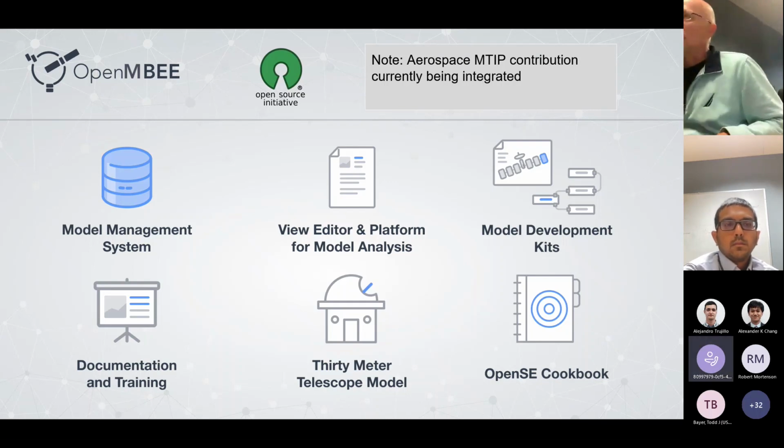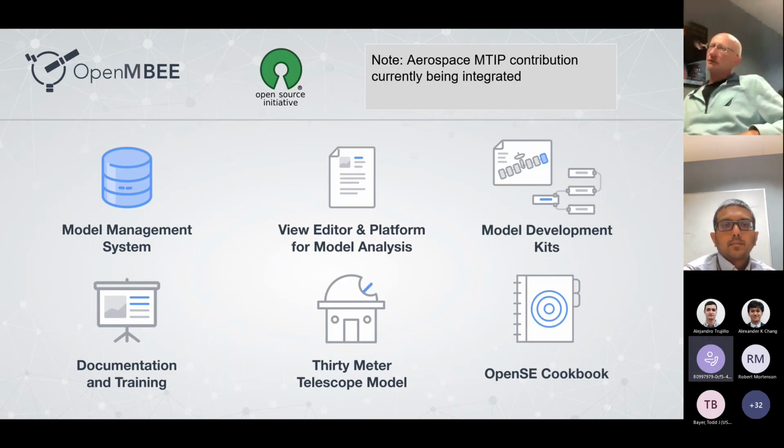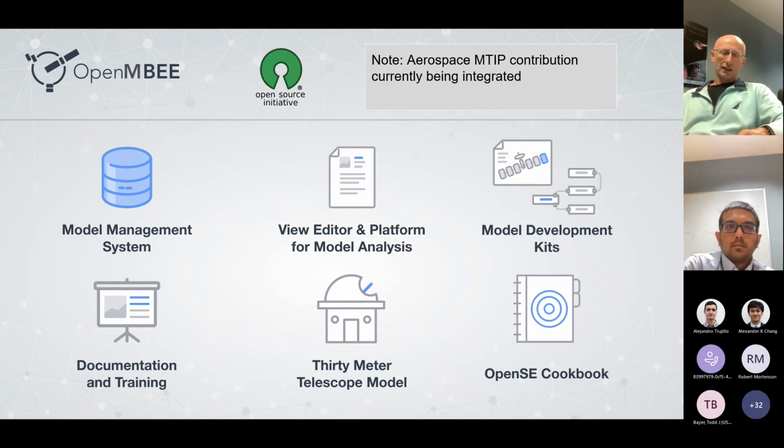And there's a number of elements in OpenMBEE. So that's the elements of the software infrastructure. So there's the model management system, which has evolved over the last 6-7 years in different architectural versions and versions within those architectures. But basically, the model management system enables you to collect the relevant information from other repositories.